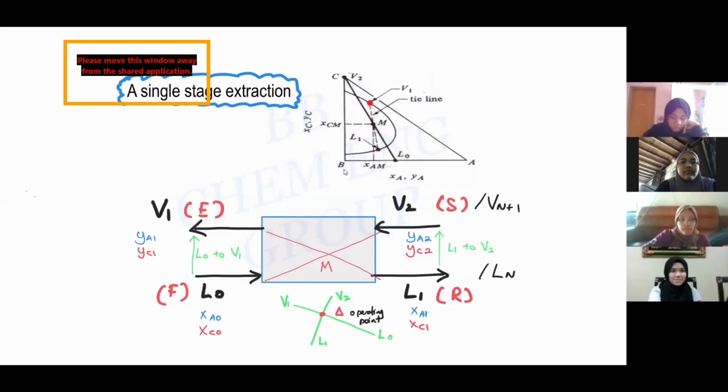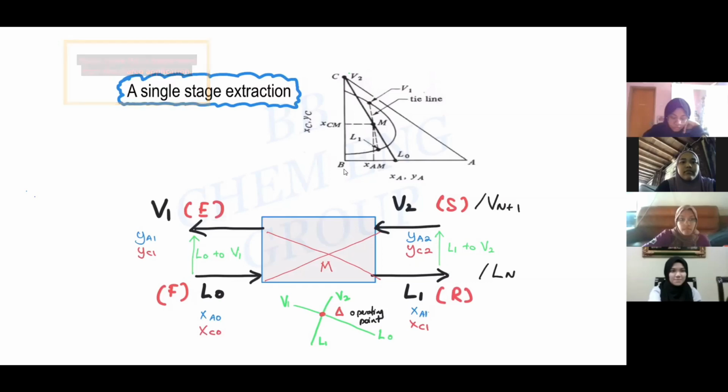L1 to V1 is called the first tie line or the first stage. So this is stage number 1. If you have L2 connected with V2, you're going to have stage number 2. If you have L3 connected to V3, you're going to have stage number 3. And these tie lines will be the lines that meet at the operating point.